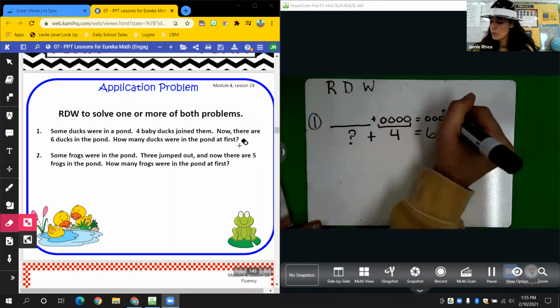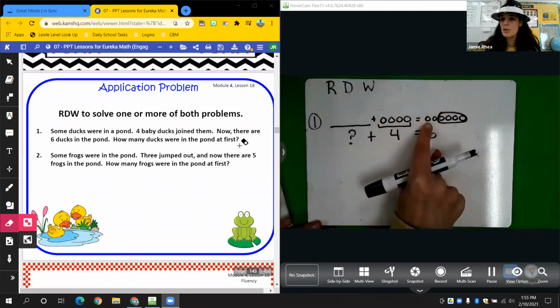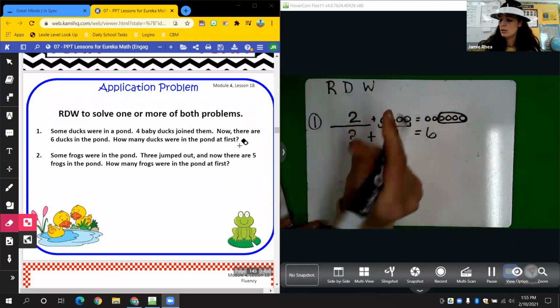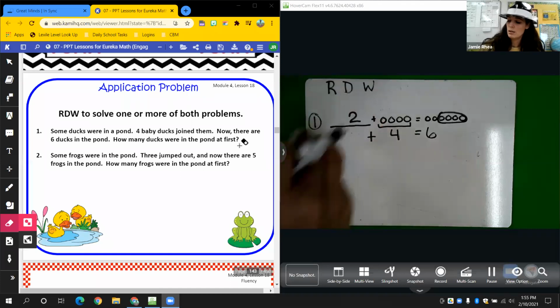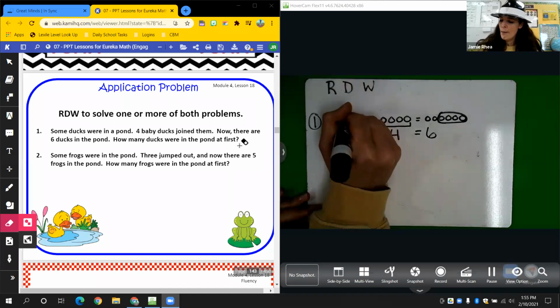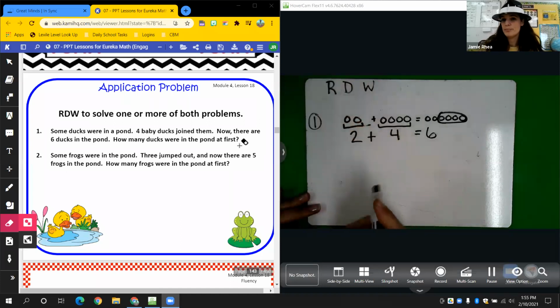So let's take our 4 and circle. There's our 4. How many were in the pond first? 2. Whoops, that should be 1, 2. 2 ducks were in the pond to begin with.